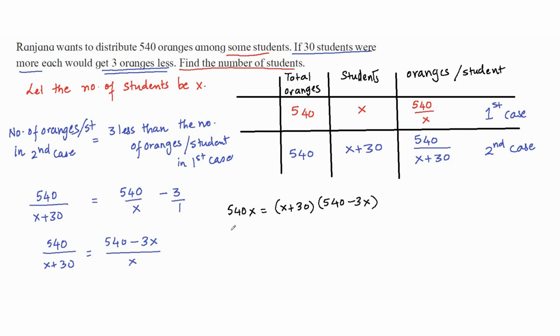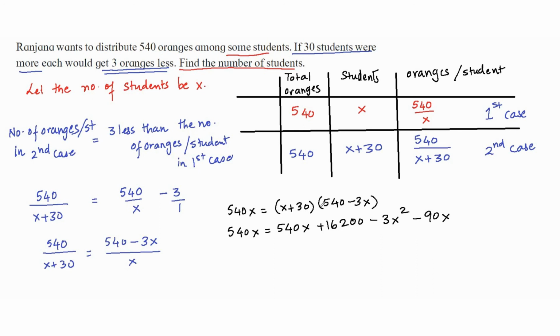So let's open up the brackets now. I get 540x is equal to x into 540 is 540x, 30 into 540 is 16200, x into minus 3x is minus 3x square, and 30 into minus 3x is minus 90x.